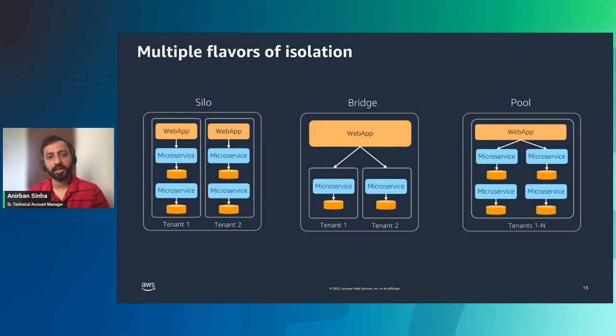On the right hand side, you have the pool model, which is the most common multi-tenancy architecture, which generally all SaaS applications follow, where infrastructure is shared and that brings in a lot of optimization and operational efficiency, but achieving it would require an implementation of an appropriate tenant isolation strategy. In the middle, you have a bridge model, in which certain layers of the architecture are shared, others are not.